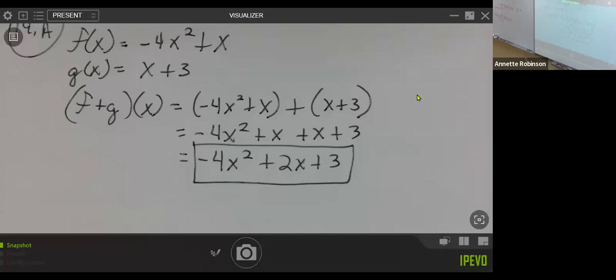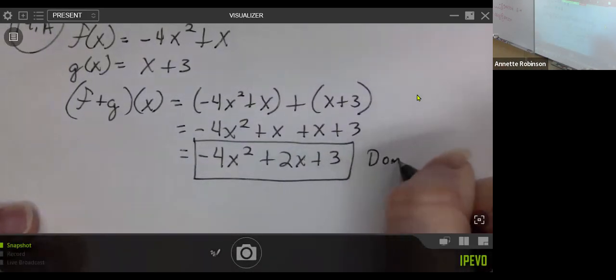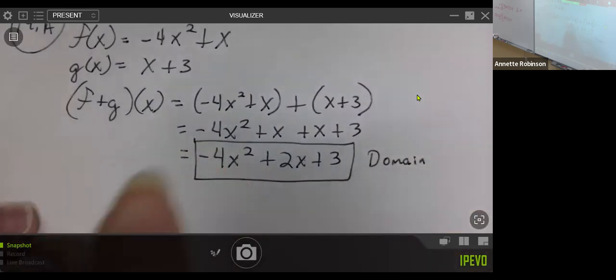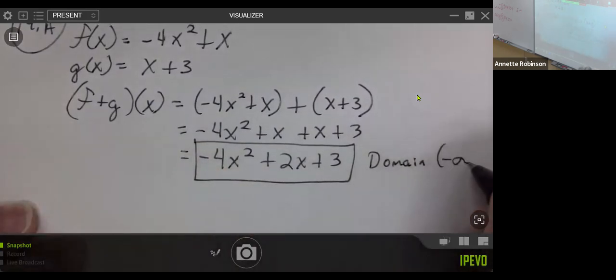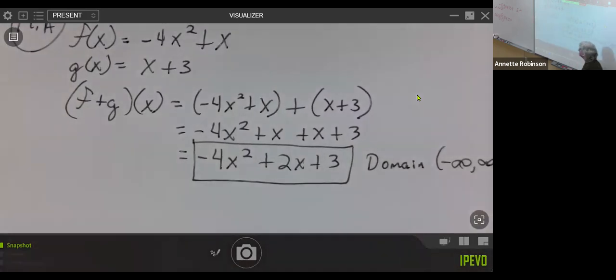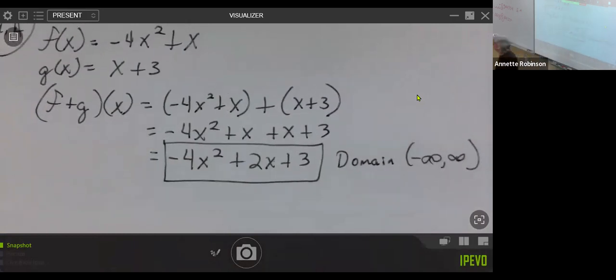So since you have no restrictions, the domain to both f and g and f plus g was all real numbers, which you put in as an interval from negative infinity to infinity. Again, two major things hit my mind with restrictions: fractions and square root.